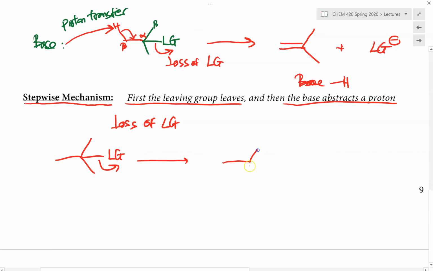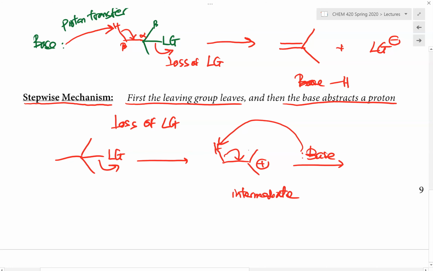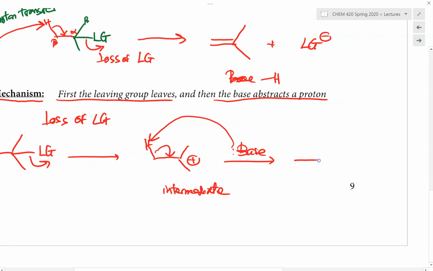What is then produced is an intermediate. This is a carbocation intermediate, followed by the base coming in to pick up one of these beta hydrogens. And now the electron is donated in to form the double bond between these 2 carbons, producing these products.